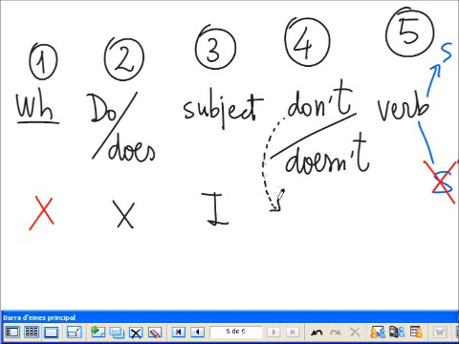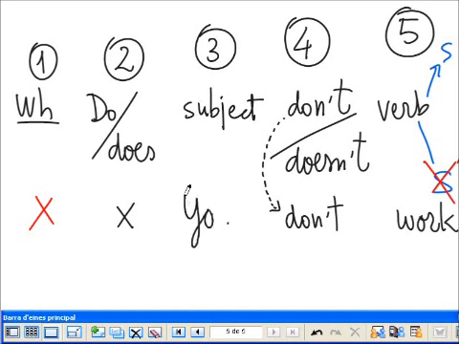It's a negative sentence, so I don't. And the verb, work. I don't work. Jo no treballo. I si fos tu no treballes, you don't work. And if it's nosaltres no treballem, perdó, ells no treballen, m'he equivocat, well, they don't work.